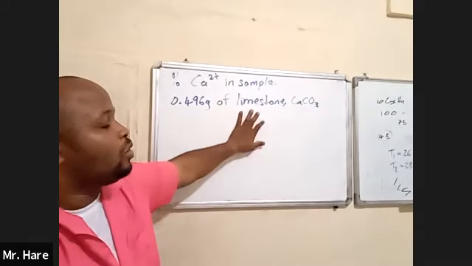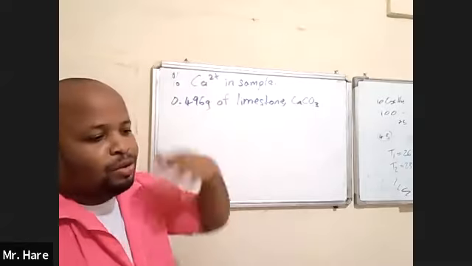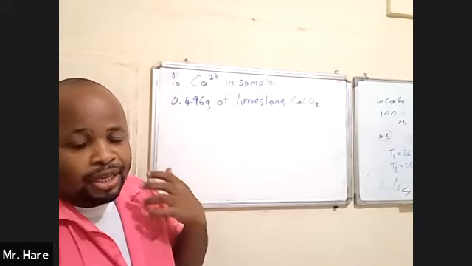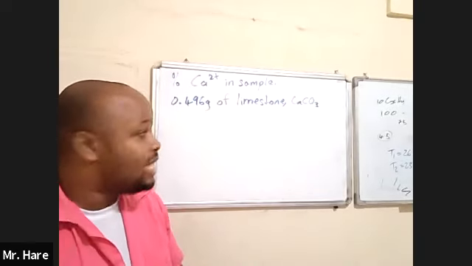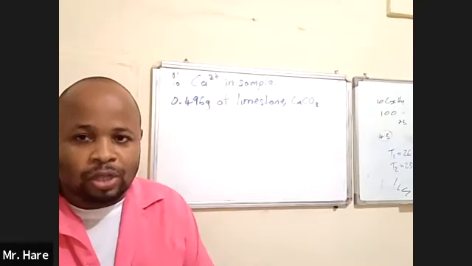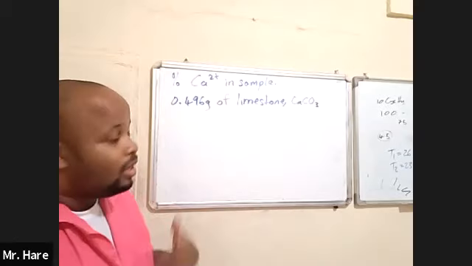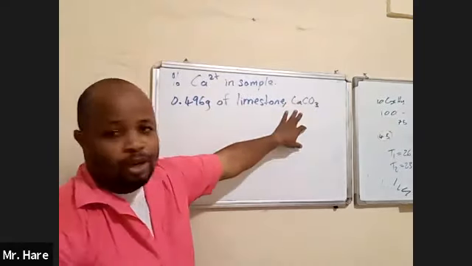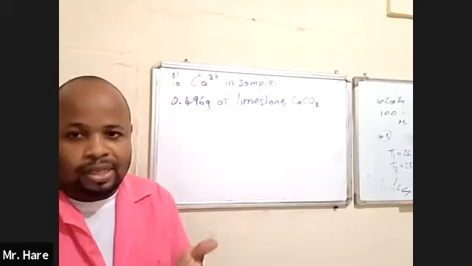So when you're doing gravimetric analysis, if the compound you're analyzing is a solid sample, you have to choose a suitable solvent. Because it is insoluble in water, we use acid.